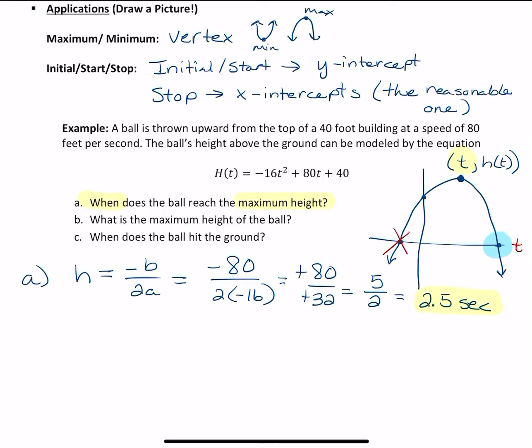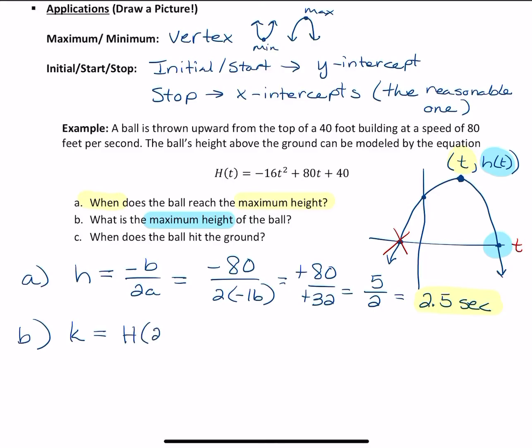Now the next one, part B, it says, what is the maximum height? In this case, that wants the height at your vertex. So here for B, we're finding k. So remember, k is just f of h, or in this case, we're using h of t.